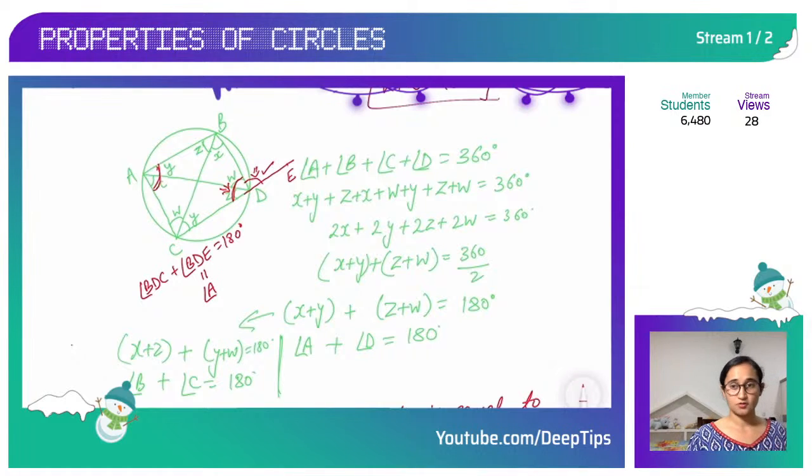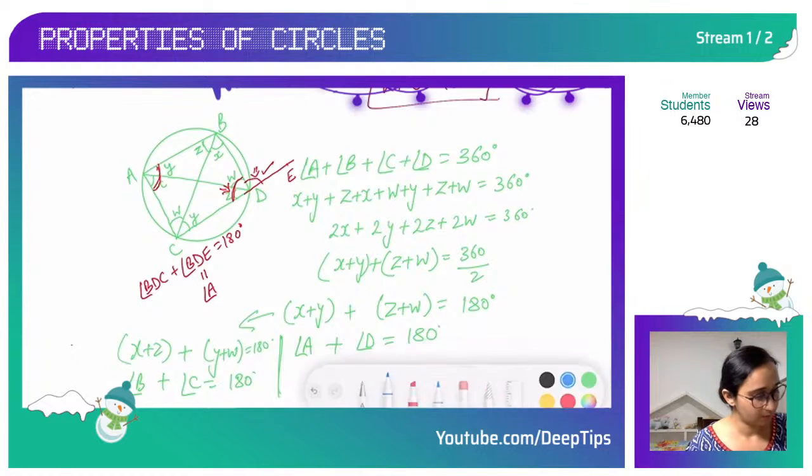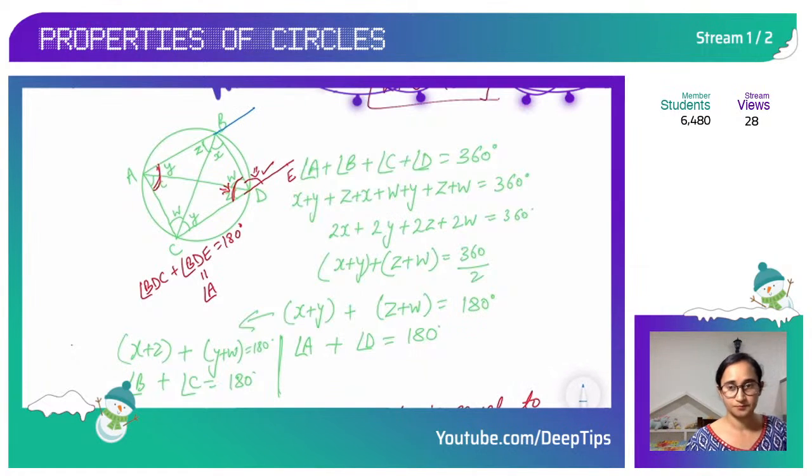Now, just to make you more clear, I'll explain this once again. If I extend this side, I can mark one angle here. Then these two angles are angles on a straight line, so their sum is equal to 180. But we already know that this angle and this angle are supplementary.